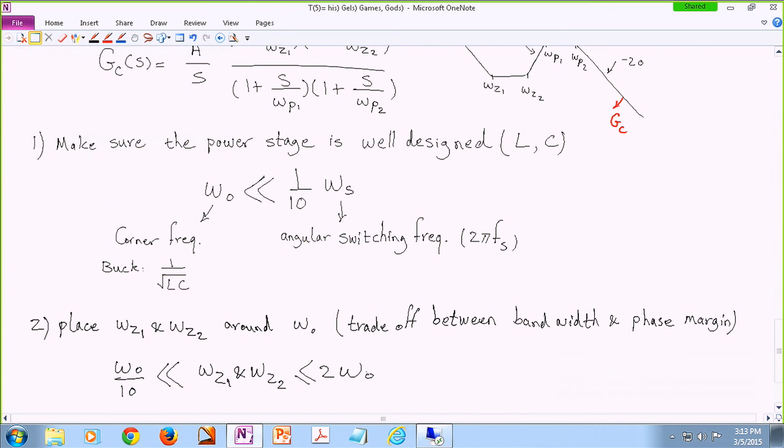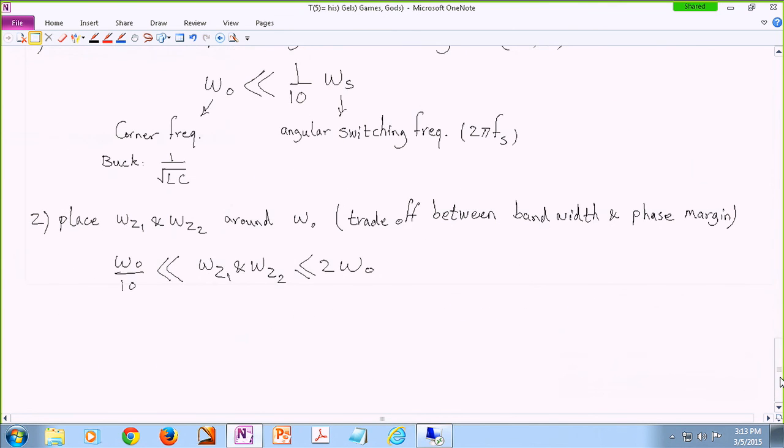That's usually, typically a good place to place your zeros. So this gives you a rough idea where omega z1 and omega z2 should be. By the way, omega z1 and z2 could be identical, not necessarily though.